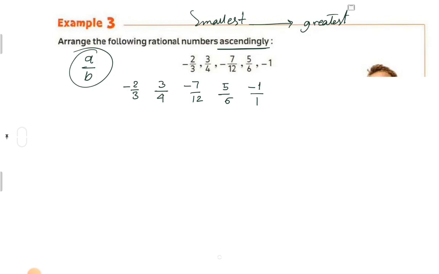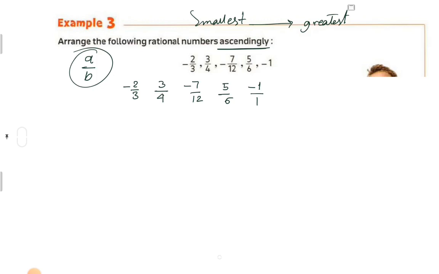Now I cannot arrange them yet. So how can we find the correct way? Make them the same denominator. We have denominators 1, 6, 12, 4, and 3.